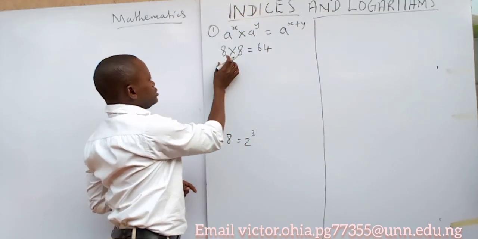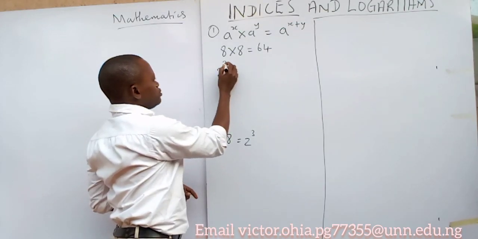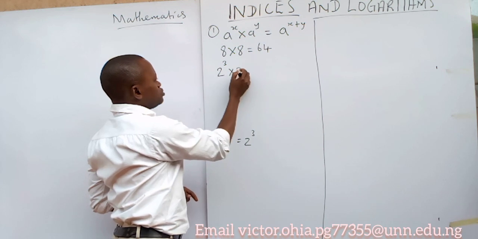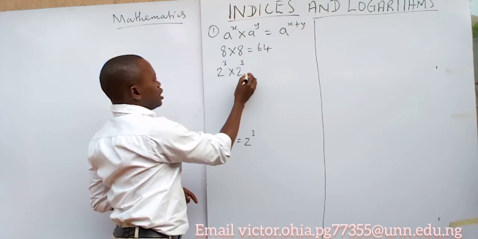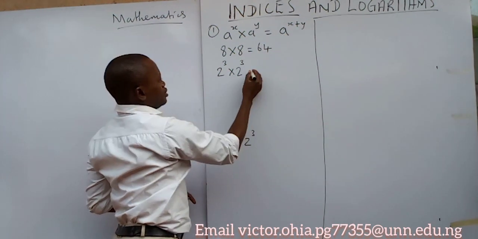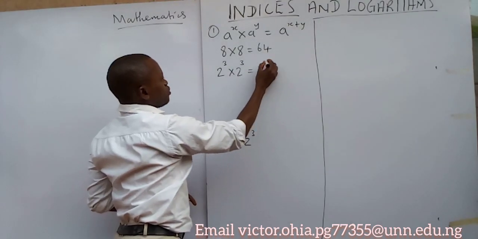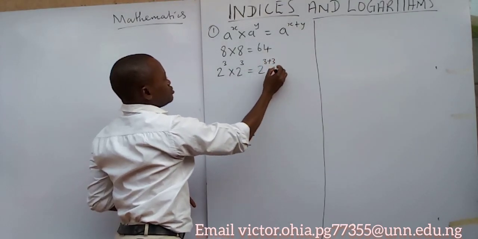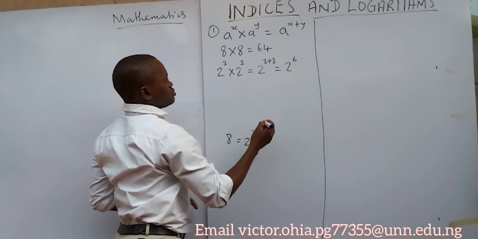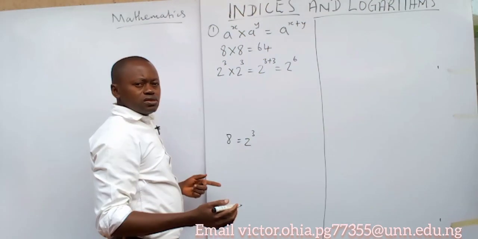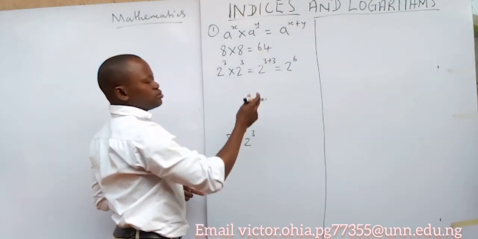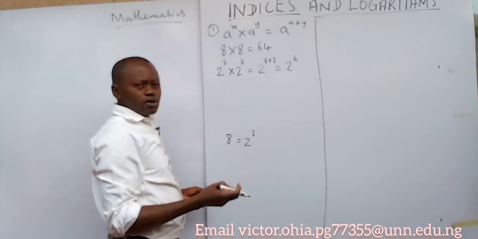Now, I can write this 8 as 2 raised to power 3, then multiplying 2 raised to power 3 again. If I do what is said here, I am going to have 2 raised to power 3 plus 3, which is 2 raised to power 6. Now, question: is 2 raised to power 6 equal to 64? Yes, you can check it out in your calculator.